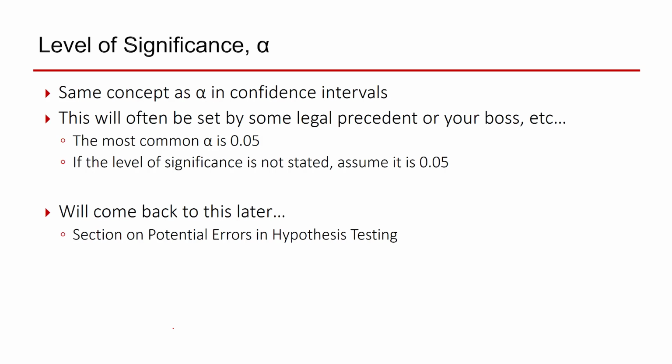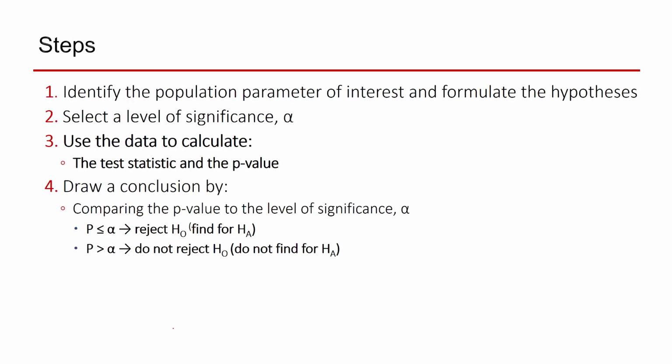And so you're going to start to think that the alternative hypothesis is true. So the significance level is a cutoff for how low your p-value needs to be in order for you to go with the alternative hypothesis, for you to make that decision. Okay, it's low enough. So that's what your alpha level is. We're going to come back to this later when we talk about errors in hypothesis testing.